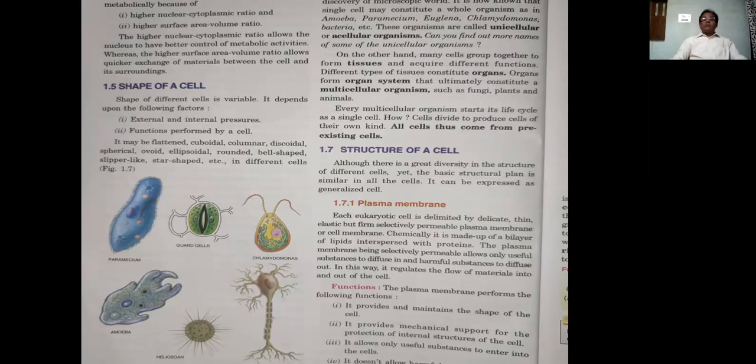The plasma membrane or the cell membrane. The cell membrane is a lipoprotein structure, and its functions depend upon the position where it is found. Different cell organelles are also surrounded by the cell membrane inside the cytoplasm.